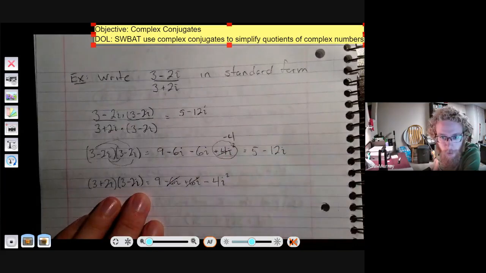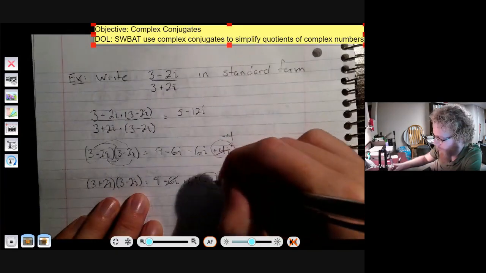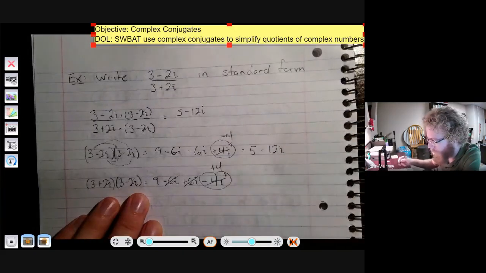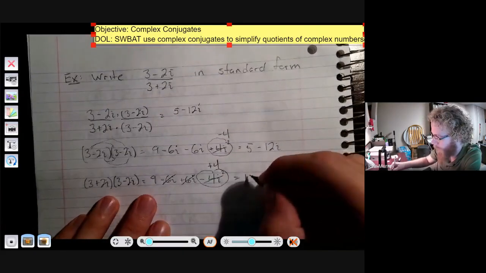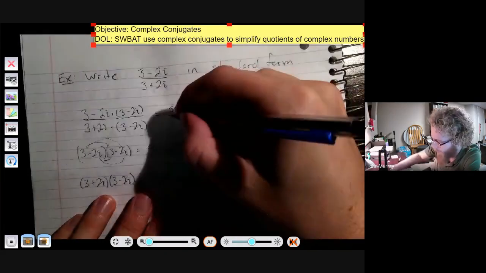Our outer and our inner terms eliminate each other. This negative 4i squared becomes plus 4. 9 plus 4 is just 13.